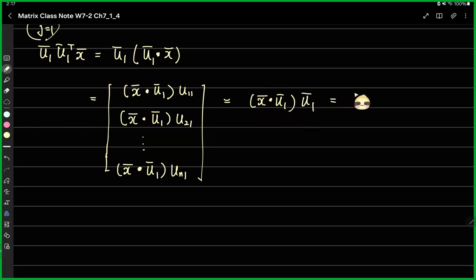So this is equal to the dot product of x and u1 over the norm of u1 squared, times u1. We can say that because u1 is orthonormal, right? So the norm is 1. It doesn't matter. We just divide by 1.